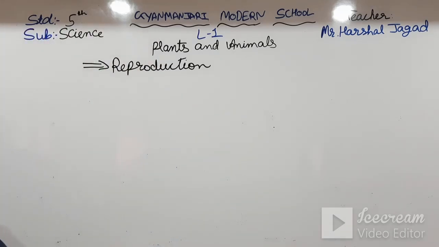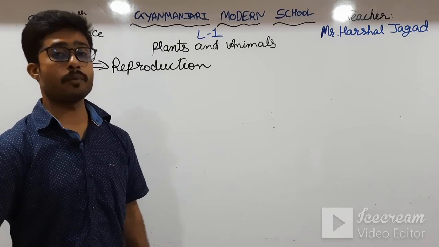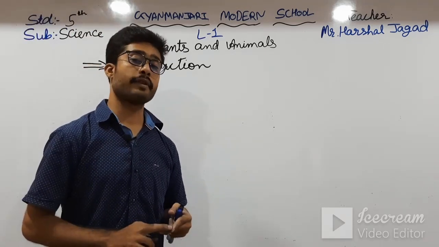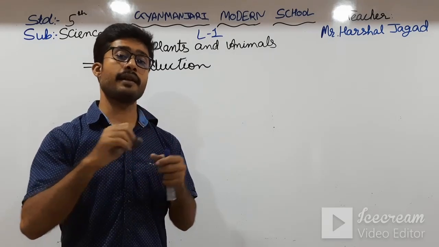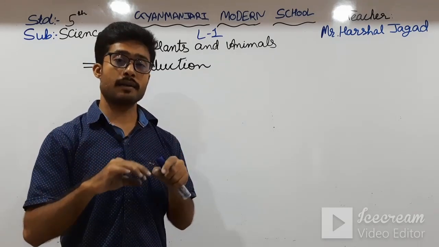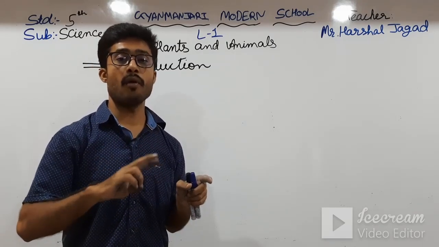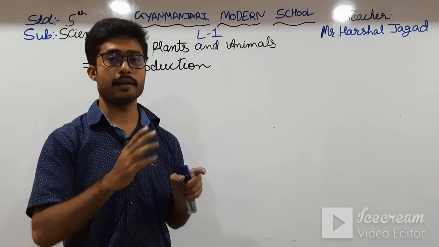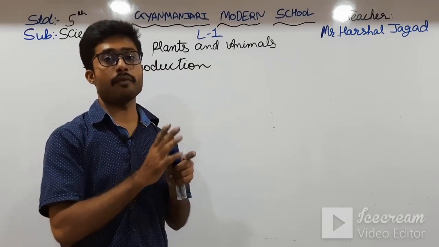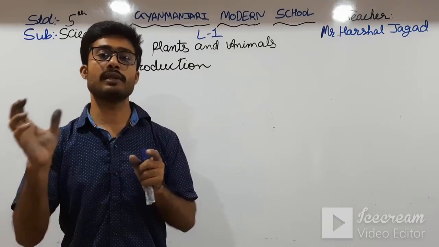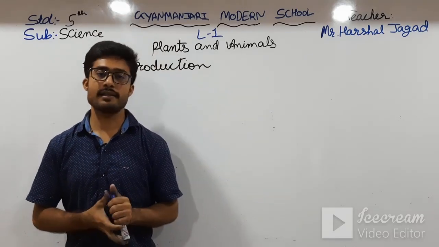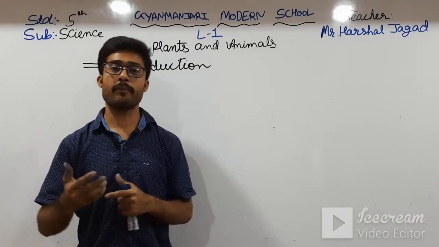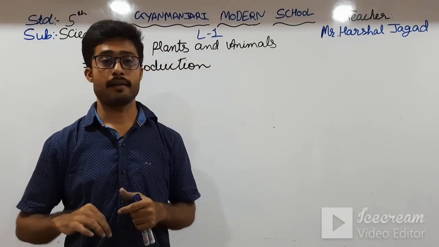See here, in plants there are two processes, cutting and grafting. In the grafting process, the stem is cut and attached to another plant, and the new plant has the characteristics of both plants. Okay students, this is the process of reproduction in plants.